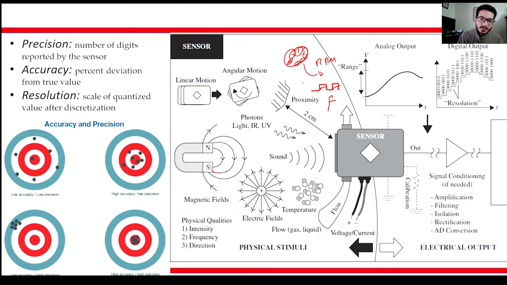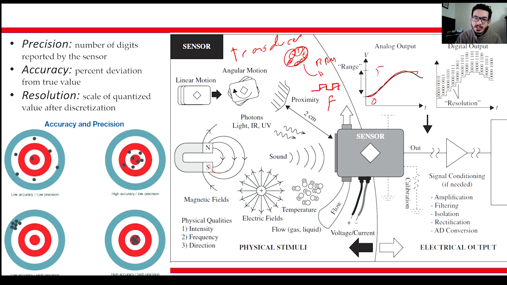So the physical stimuli will happen, and this is what is called a transducer. A transducer will take a physical signal and make it into an electromagnetic signal, and then you would get an analog signal, say a voltage from 0 to 5.